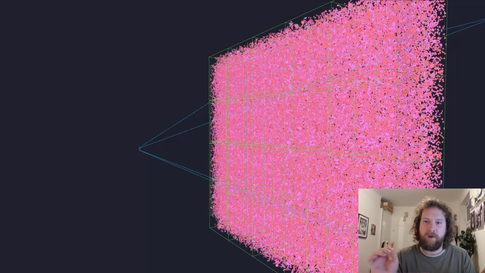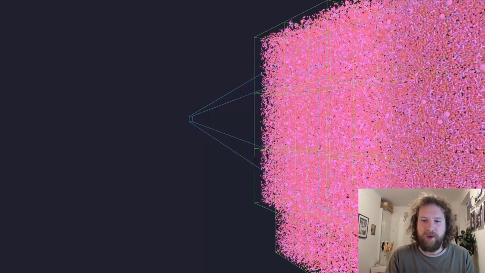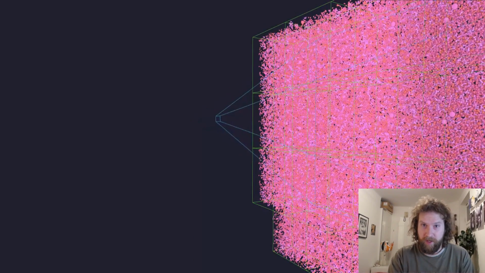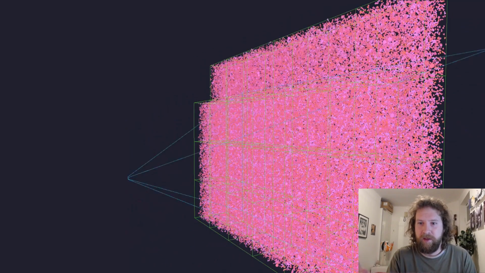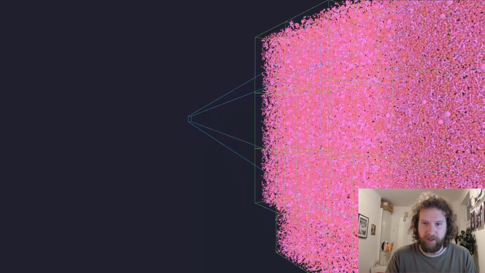This gives us the possibility to interactively tweak the parameters and see how the model is changing, so that we can create something that we know how it should look from the experiments, but we don't know how to describe easily in these parameters. We don't know what these parameters should be, so we have to try them out and see how the results look. And so this novel way of creating these molecular environments in real time gave us this possibility.